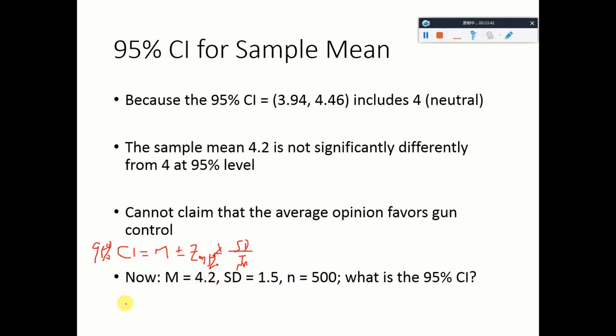The confidence interval will be 4.2 plus or minus z, which for 95% confidence level is 2, times SD, which is 1.5, divided by the square root of n, and n is 500. Okay, easy enough, so just do the calculation.